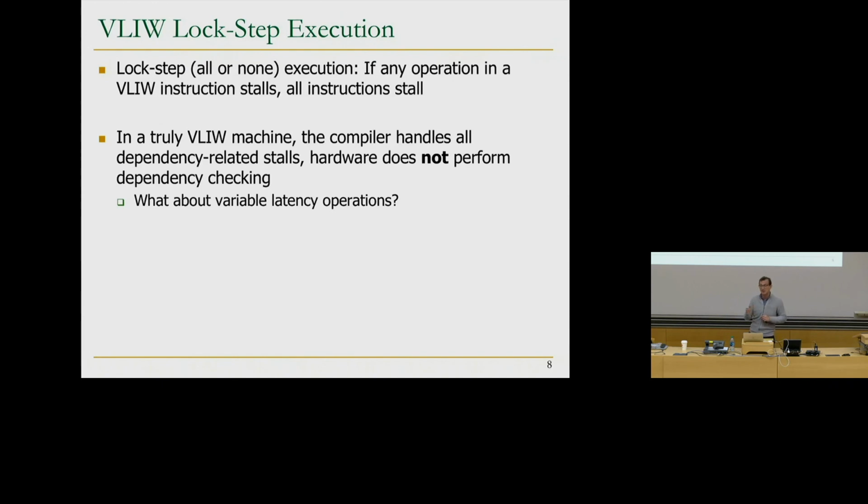For example, sometimes your load takes 1 cycle because you hit in the cache, sometimes it takes 100 cycles. Now you have a problem. When you're statically scheduling code as the compiler, you don't know what to do very well. So these machines usually have a lot of difficulty handling variable latency operations. As a result, they have not been as successful as out-of-order execution machines.